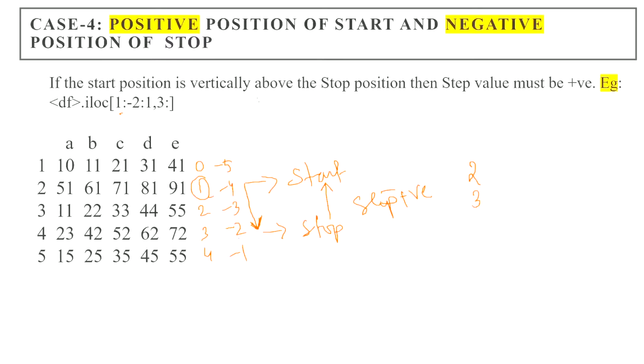So 2 plus 1, that is 3. Then 4 will not come. Why? Because here you see minus 2 is the stop value. As minus 2 is the stop value, at minus 2 what we have? 4. So 4 will not come. So only 2 and 3 will come. And this one is 3 colon. So D and E will come. Okay.